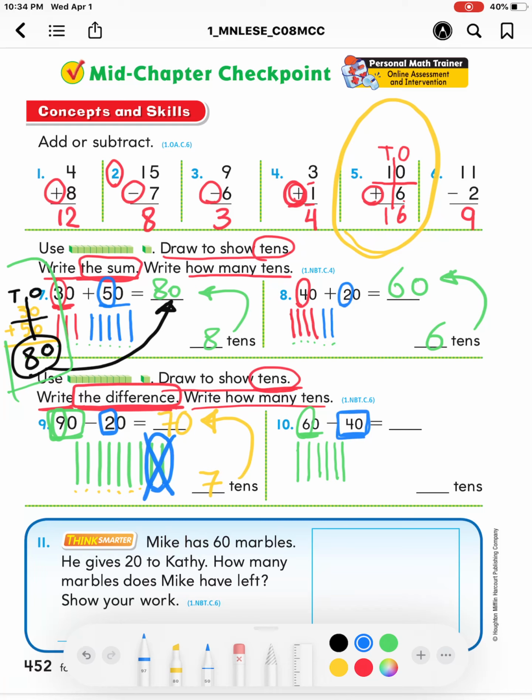Can someone tell me? Amazing. Yes, 4 tens, of course. So we will take away 4. 1, 2, 3, and 4. So we will circle 4 tens and we will put an X. And let's count how many tens are remaining. 1, 2. So we have here 2 tens, which means 20.